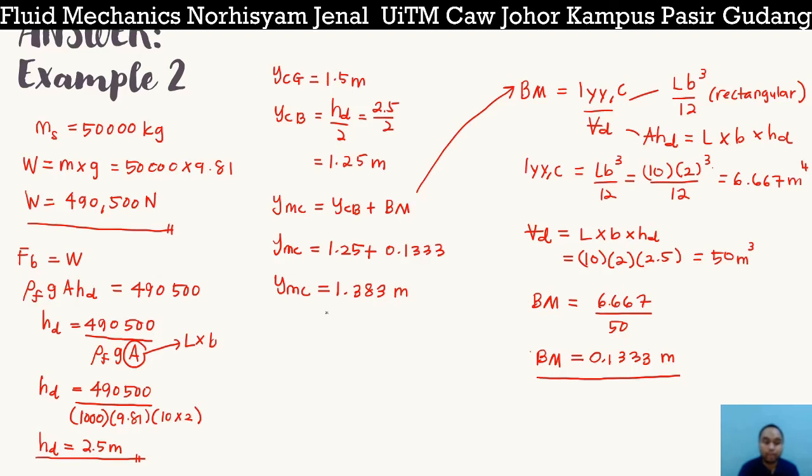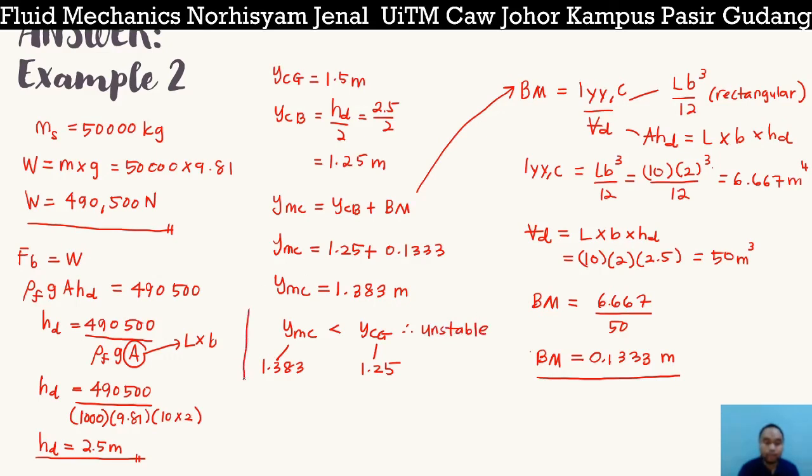So the YMC is 1.383 and the YCG is 1.5. So the YMC is lower than YCG, so this is an unstable condition.